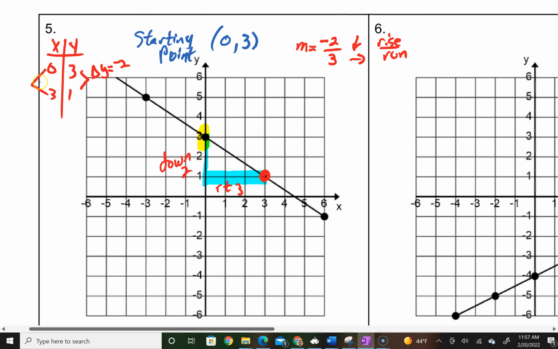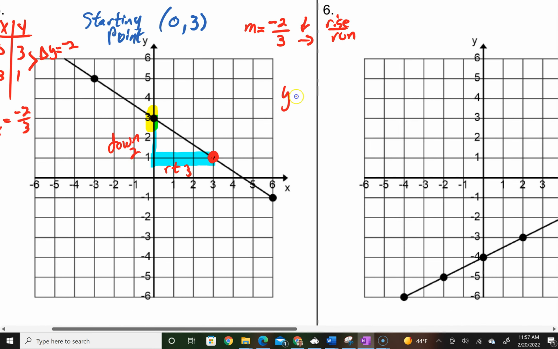How about your change in x? Your change in x, you're going up 3. And slope, like I said, is always change in y over change in x. You'd get -2/3.